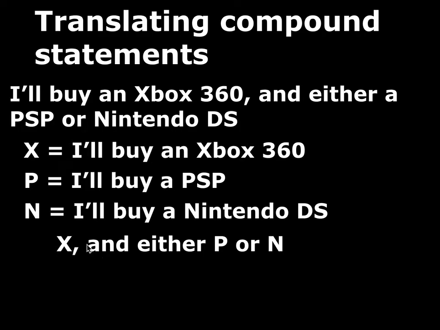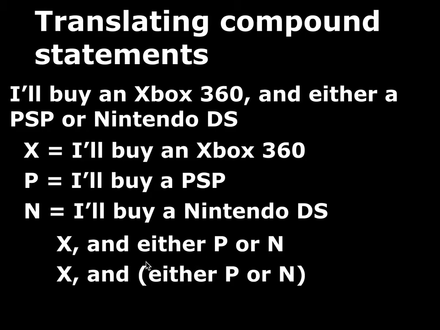So that's a clue that this conjunction is the main operator. One conjunct is X and then the other conjunct is this disjunction. So I'm just going to put parentheses around here to show that this is the main operator, this is one conjunct, this is the other conjunct. This is just going to be P wedge N, and this and is just going to become a dot. So we'll have X and P or N.